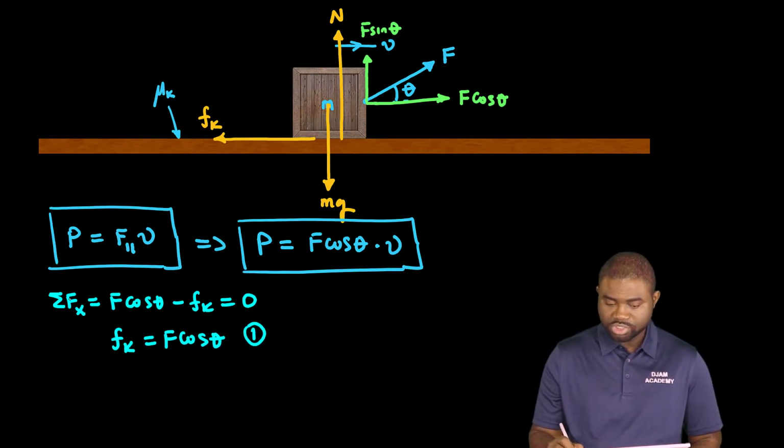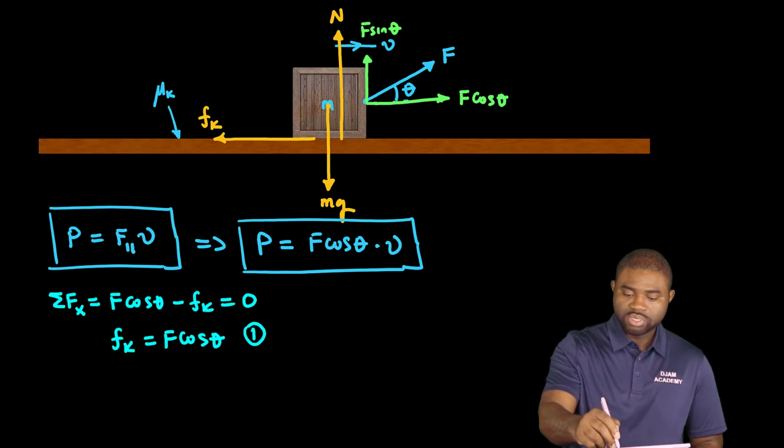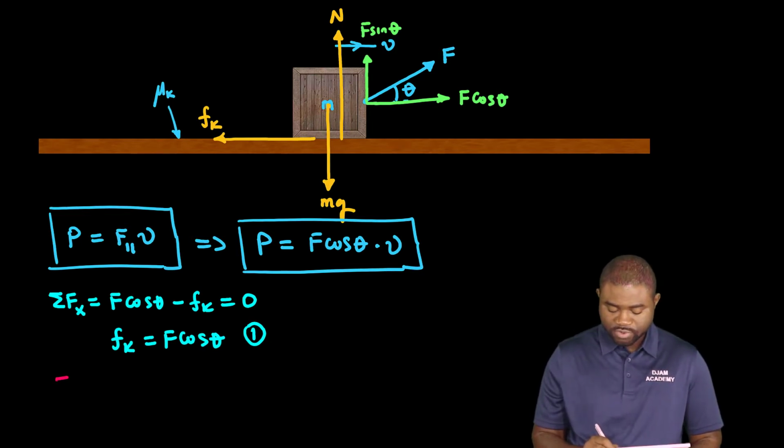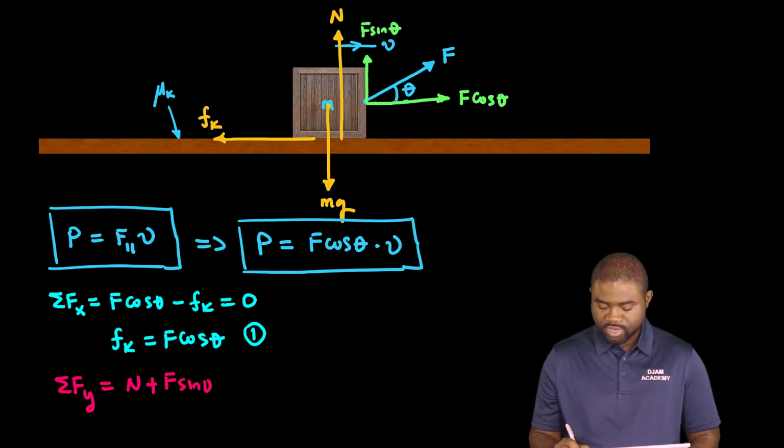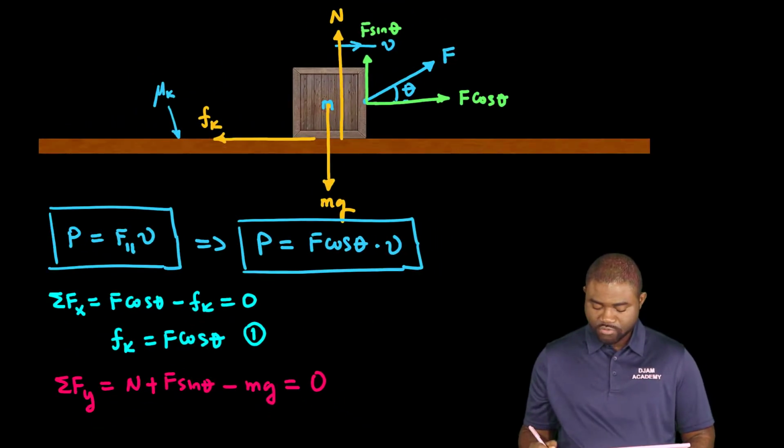Let's call this equation 1. Similarly, the sum of forces along the y direction is N plus F sine theta minus mg, and this is equal to 0.